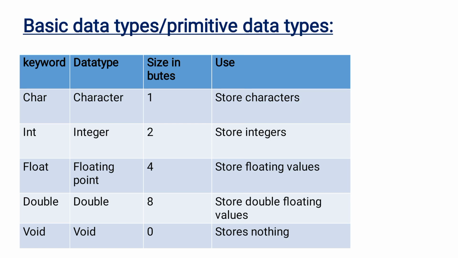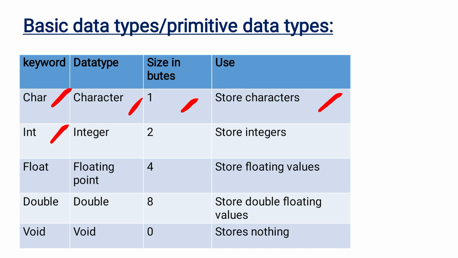Next we will see a table consisting of keywords, data types, size in bytes and then use. See here, the keyword is char, data type is character, size is 1 byte. Char is used to store character values.